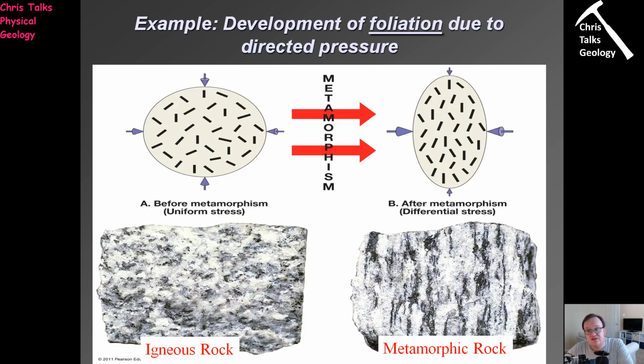Now, obviously, you can't do this with minerals that tend to form relatively random or rounded crystals. Something like quartz or calcite will obviously not do this because they don't have crystals that are long and slender, and they don't form crystals that are broad and flat.